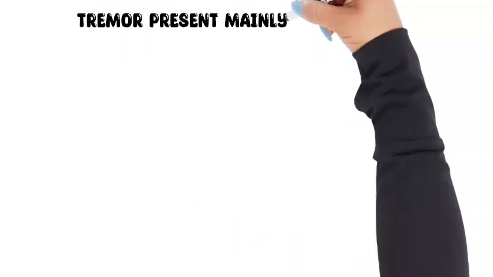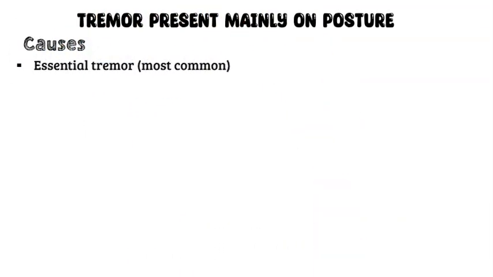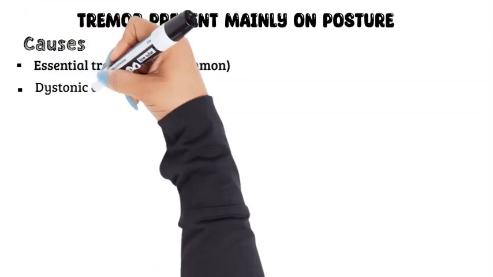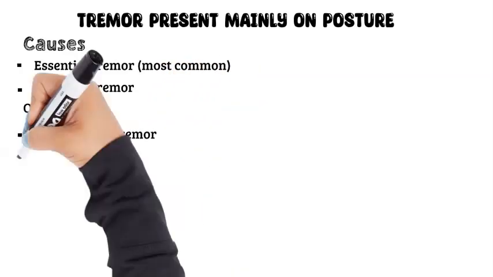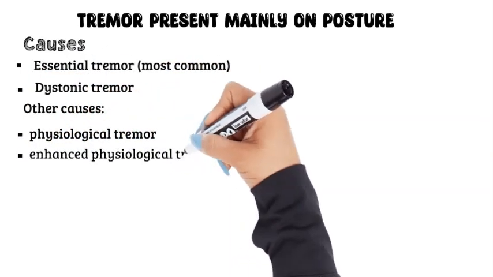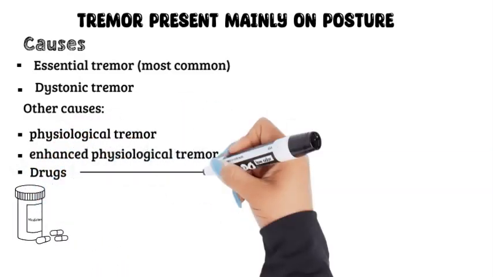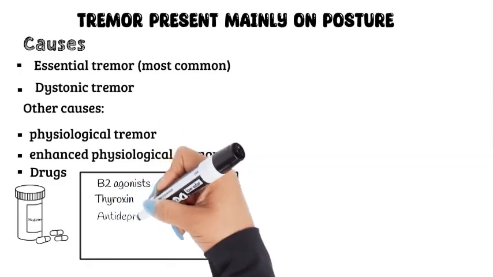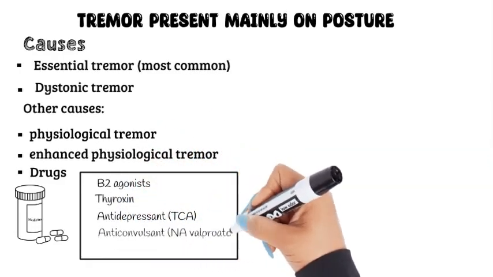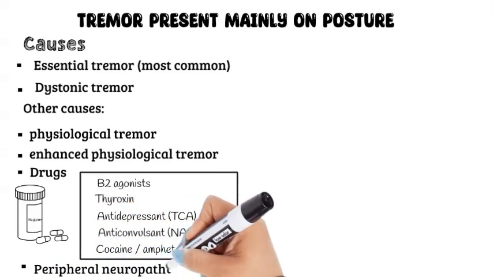What about the tremor that occurs mainly on posture? Essential tremor is the most common cause, and also there is a dystonic tremor. Other causes could include physiological tremor, enhanced physiological tremors, and certain drugs like beta-2 agonists, thyroxine, antidepressants like tricyclic antidepressants, sodium valproate, cocaine, and amphetamine.